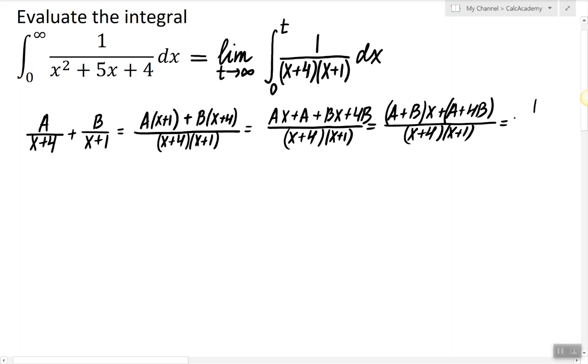All that must be equal to 1 over x plus 4 x plus 1.